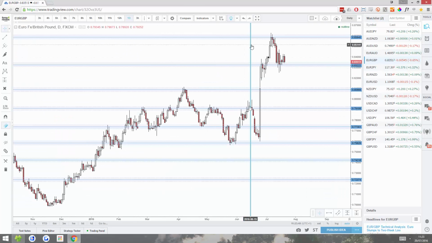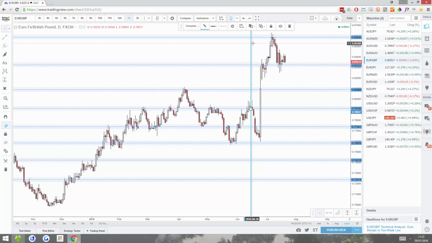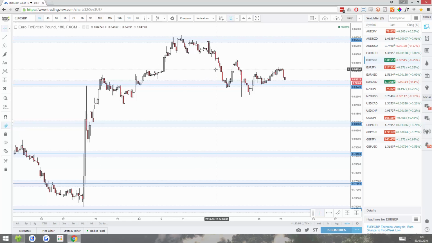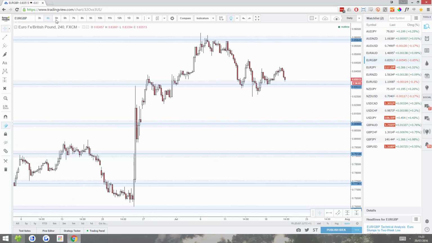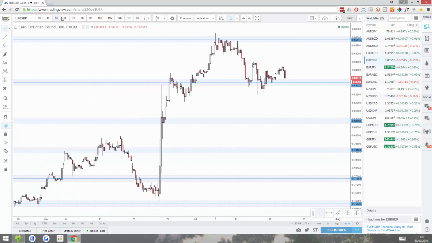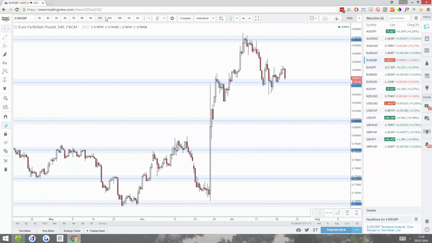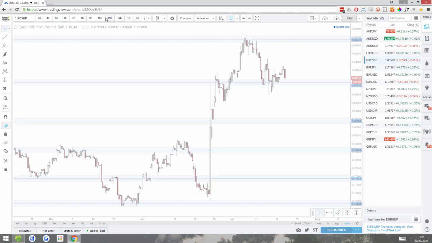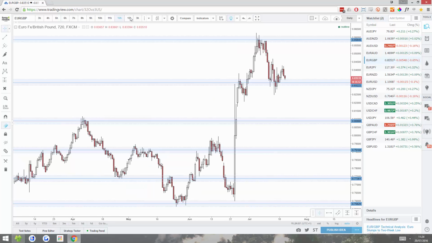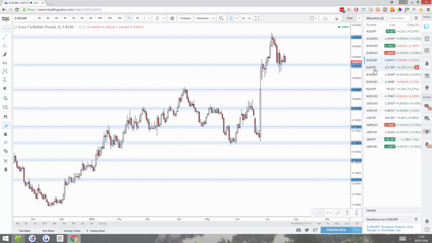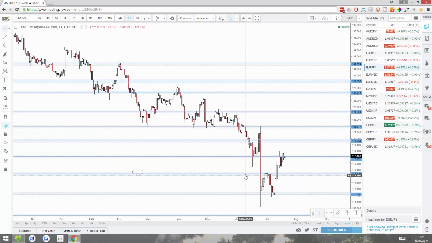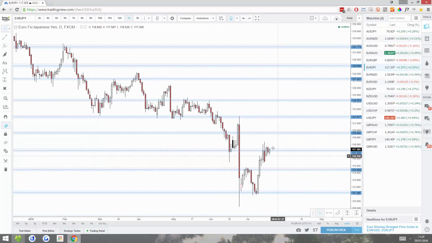Euro GBP. Let's get rid of that line. Nothing. Nothing. Ooh, Euro JPY is stuck at resistance there.